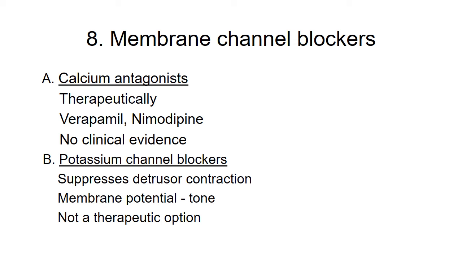Verapamil and nimodipine are the examples. Potassium channel openers suppress the detrusor contractions. The potassium channel actually contributes to membrane potential. So it is supposed to regulate the tone of the bladder, but it is not a therapeutic option.